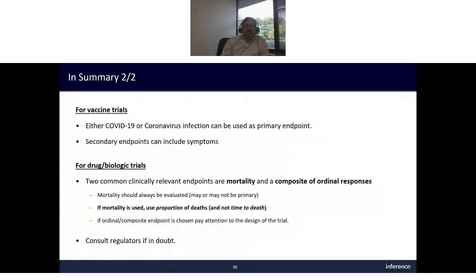First of all, when you choose time to death as an endpoint, your sample size is driven by the number of events that you have, and you may not have enough events within the time frame of the trial. That could be problematic because you know that you are going to fail, because you haven't observed a sufficient number of deaths to have a meaningful analysis. So in that case, go to proportion of deaths, because whatever the number is, you can at least do the analysis and show the benefit.